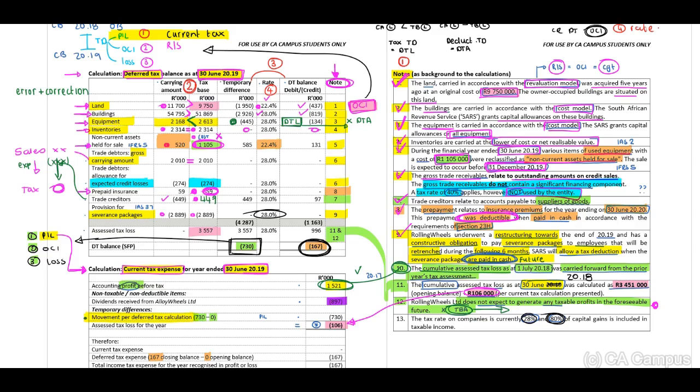This 3,557 is the total of the 3,451 plus the 106. They've included this here, which we can do because we do have sufficient amounts, deferred tax liabilities, to be able to use the 996.